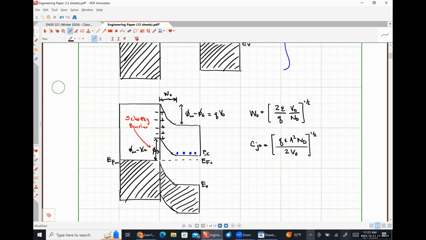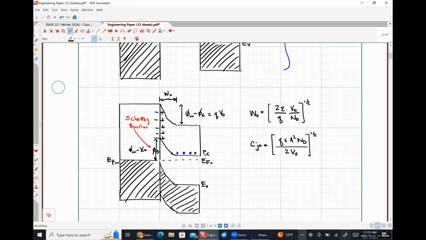Would they raise or would they lower? They'd raise up, right? So we would see that these bands here would shift up depending on how much we forward bias this thing, making it easier for electrons to overcome this gap.